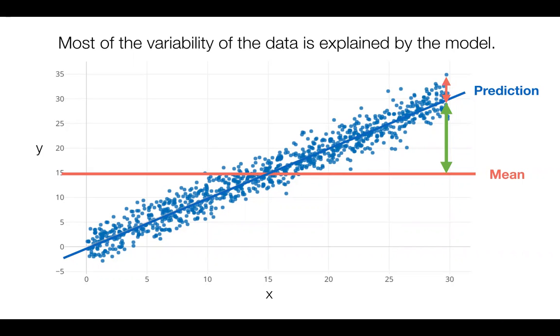Then we can look at how much difference there is between the actual value, which is a blue dot, and the predicted value, and also between the predicted value and the mean, which is the orange line. Then we can say how much of the variability of the data, which is the distance between the mean and the data, can be explained by this prediction model.